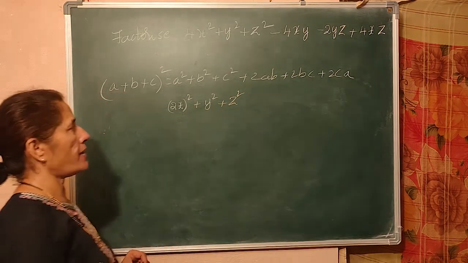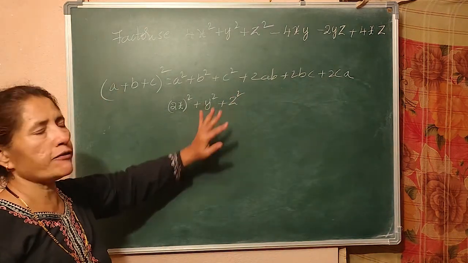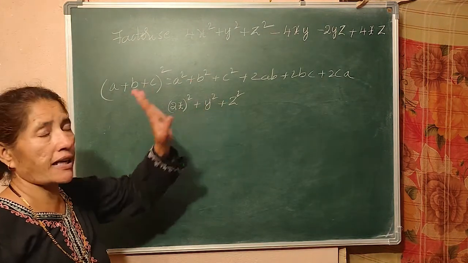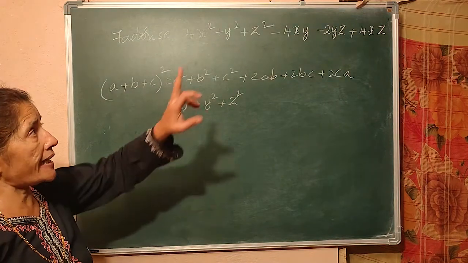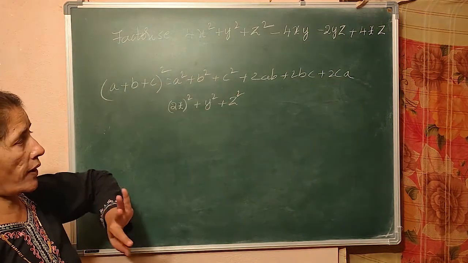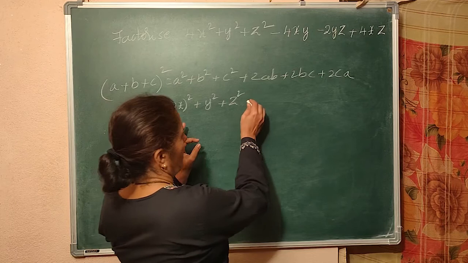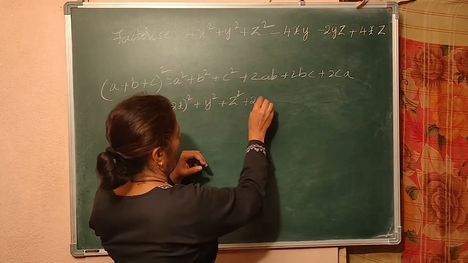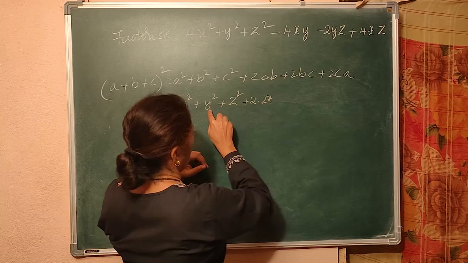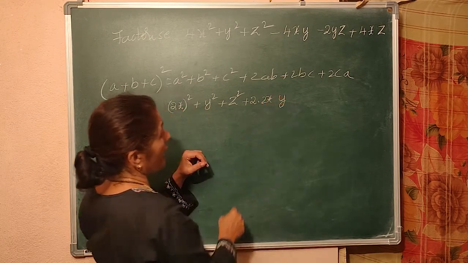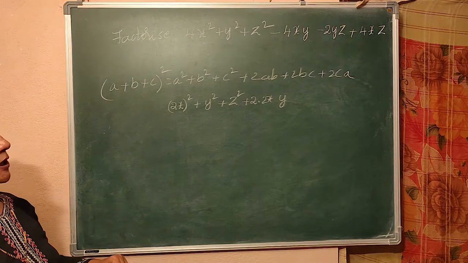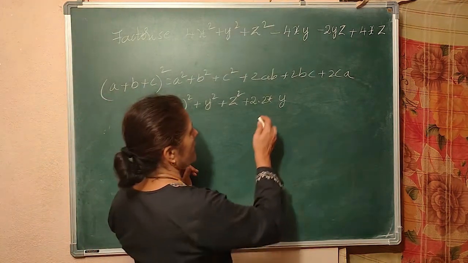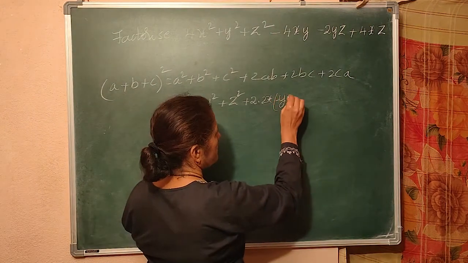Now, my problem is to give the sign for this. Whether this is minus, this is minus, I do not know till I get minus 4xy. So, plus, okay, 2, a is 2x, b is y. So, what do I get? Plus 4xy. So, I have to get minus 4xy. So, let me try. Is this as minus y?